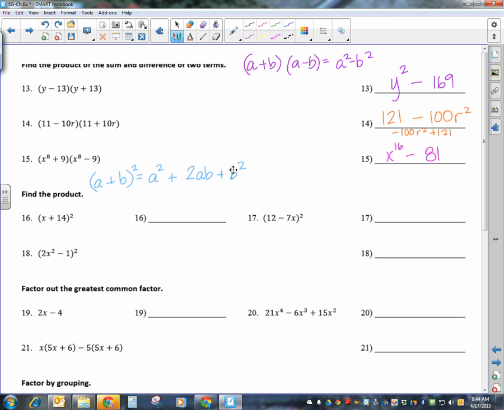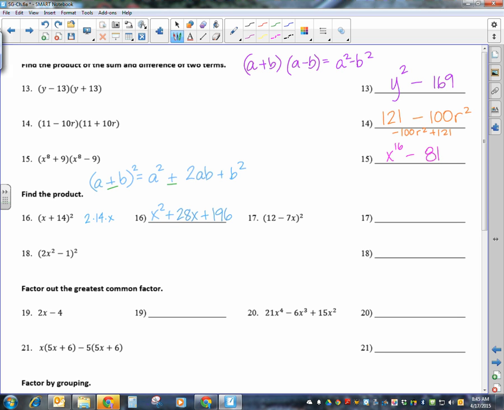And if you have a minus, then you have a minus right there. That's the only thing different. So this first term is x squared. It's going to take a plus. Then I have to do 2 times 14 times x. And that, of course, is 28x. And then you square the last number, which is 196.